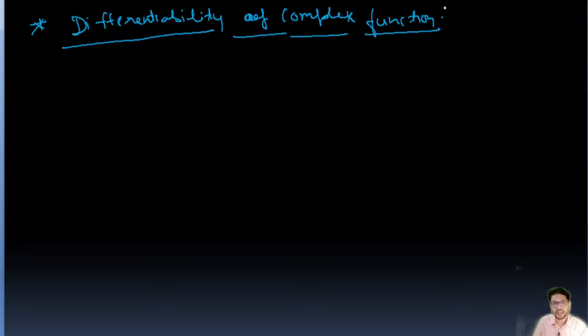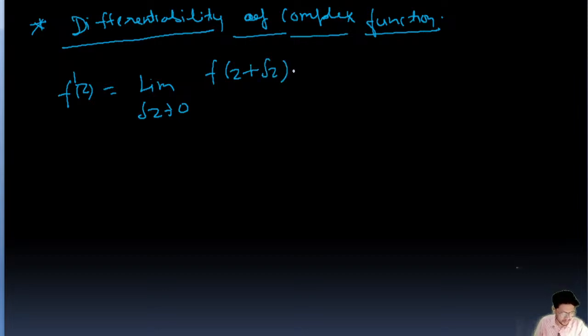Okay, how to check it? For checking differentiability of a complex function, f'(z) equals limit delta z tends to 0 of f(z plus delta z) minus f(z) upon delta z.